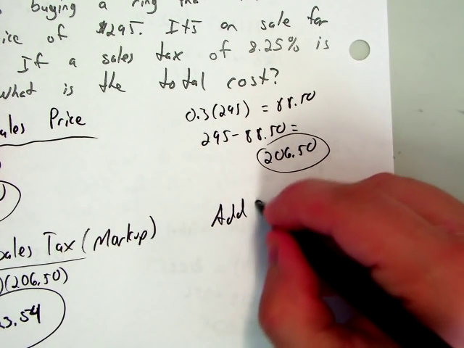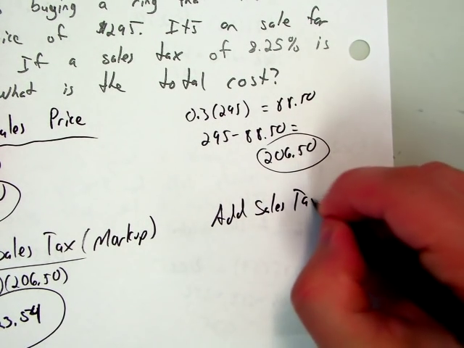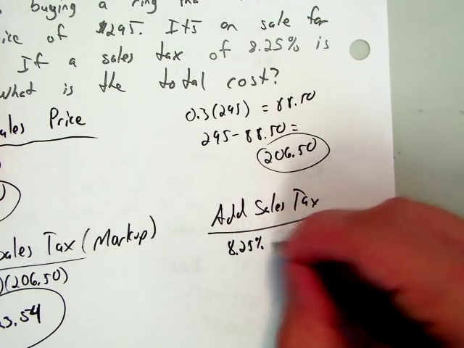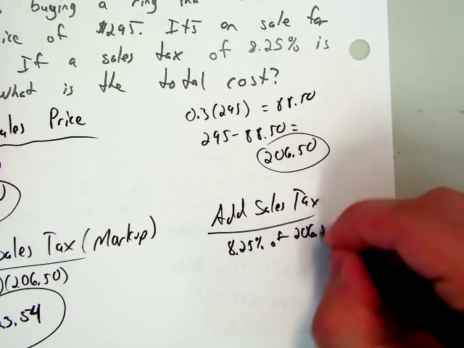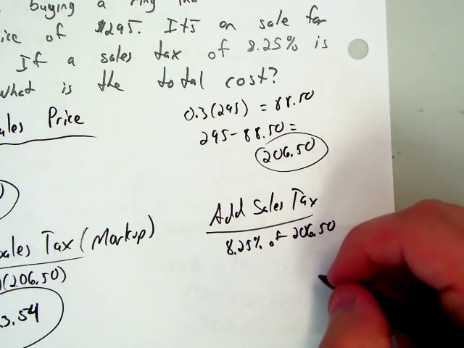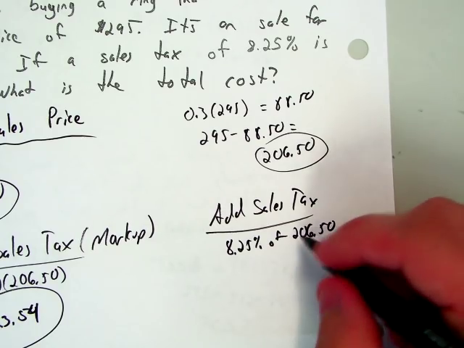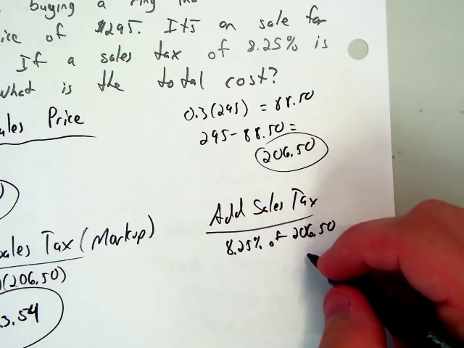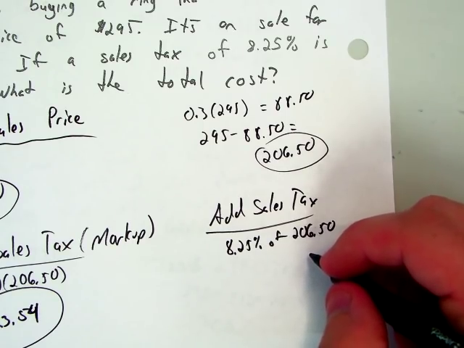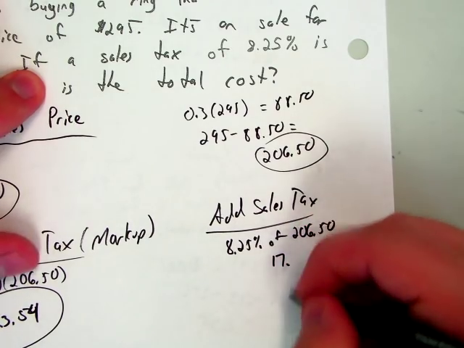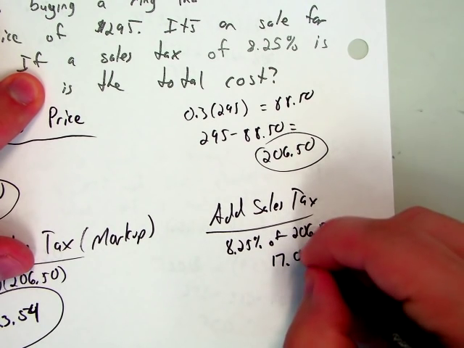Then adding the sales tax, 8.25% of $206.50 would have been $17.04.